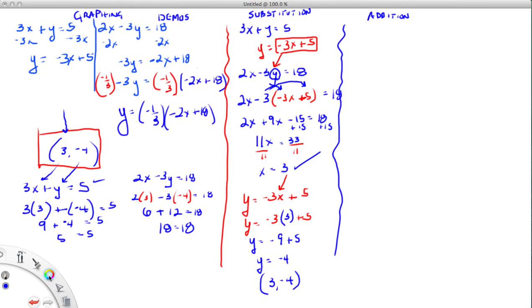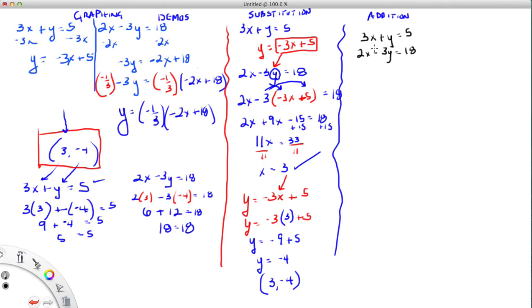Let's just do black. So our first equation was 3x plus y equals 5. Our second equation was 2x minus 3y equals 18.